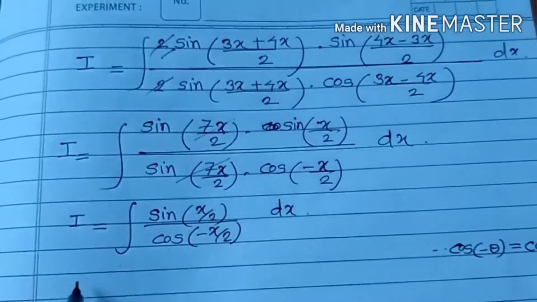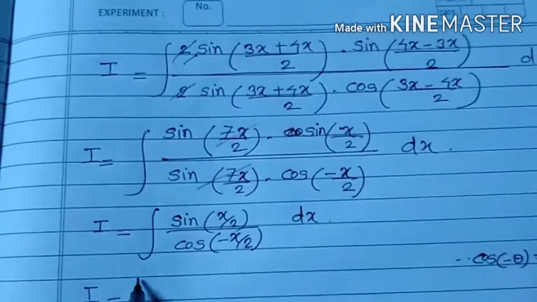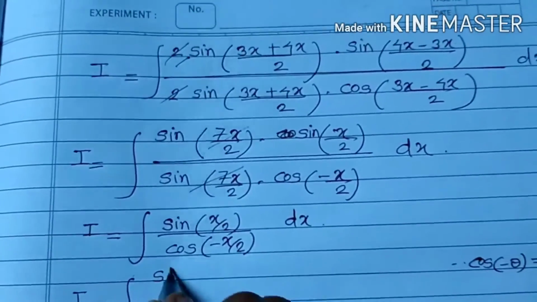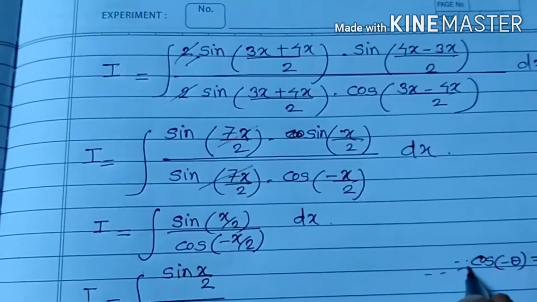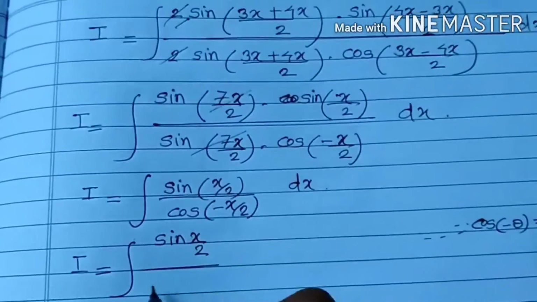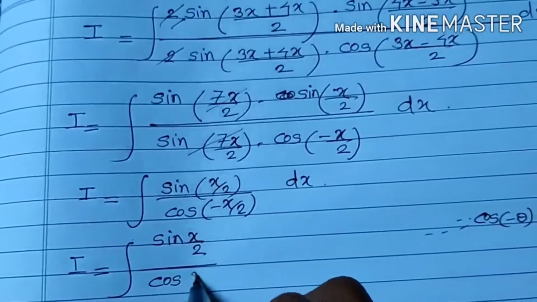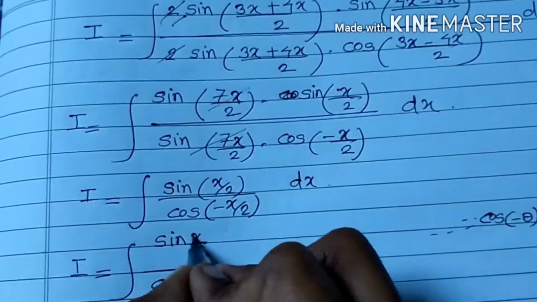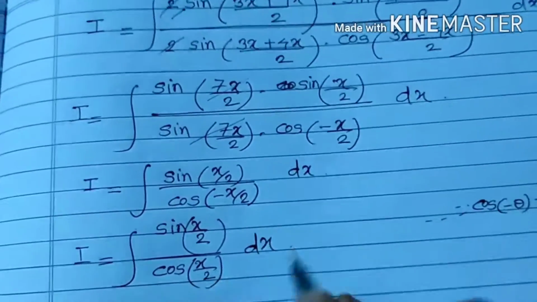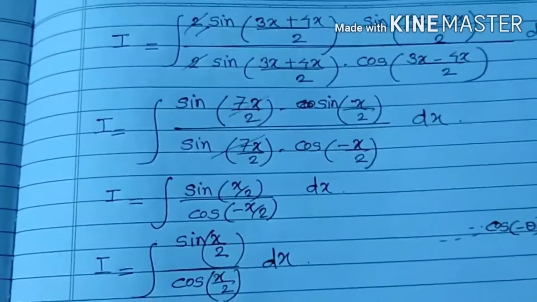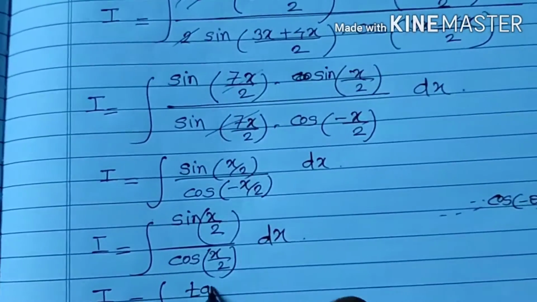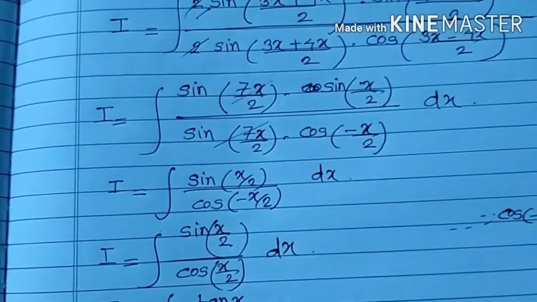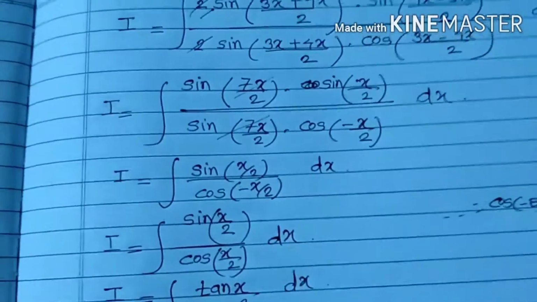So using this, I is equal to integration of sin x/2 and cos of minus theta is cos theta. So it will become cos x/2 dx. And we know that sin upon cos is tan. So I is equal to integration of tan x/2 dx.